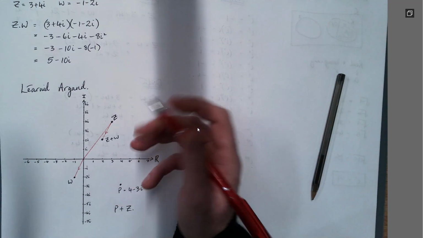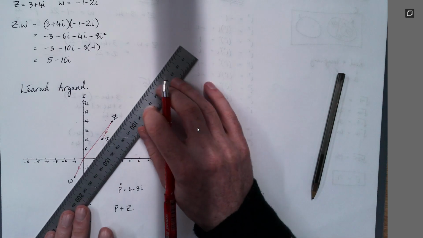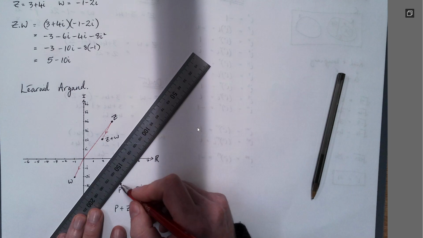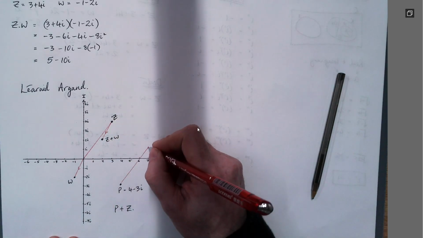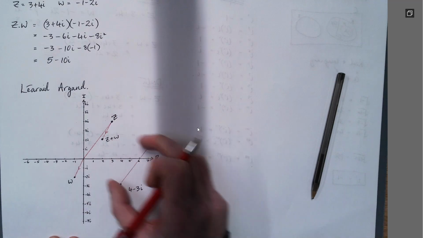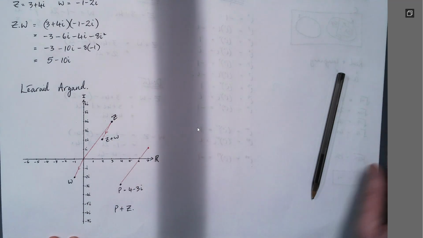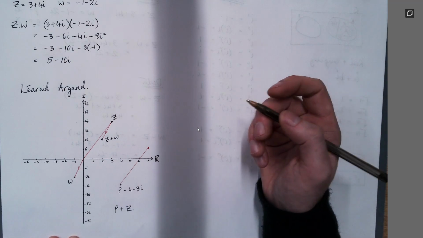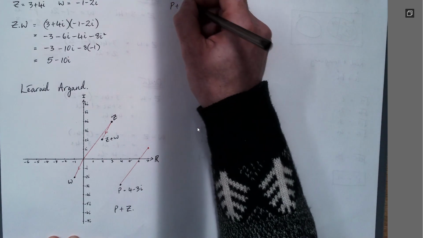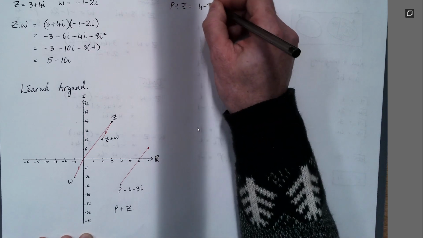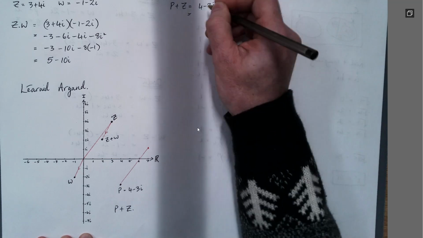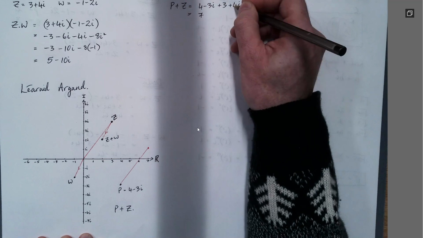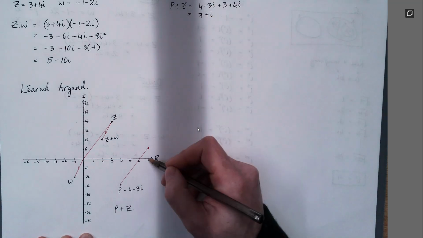Right, the slope, and the real part, the imaginary part. Now, we are summing the complex numbers, so we have P plus Z. So the Z, minus 3i plus 3 plus some i, so it's 3 plus i, and 2 plus i.